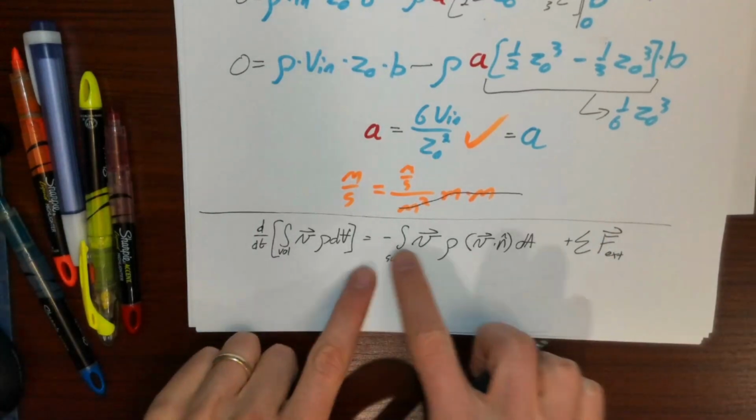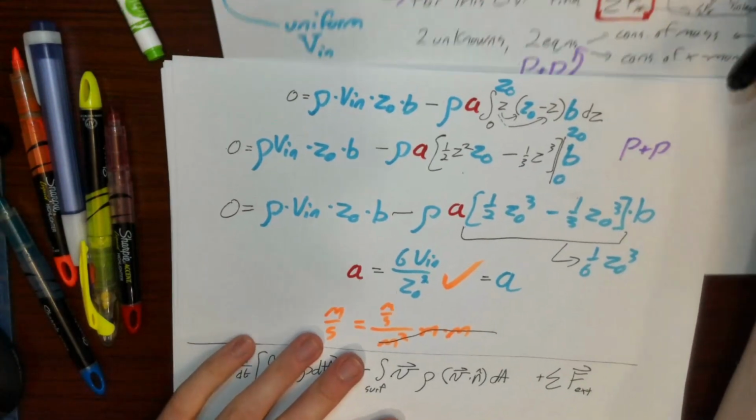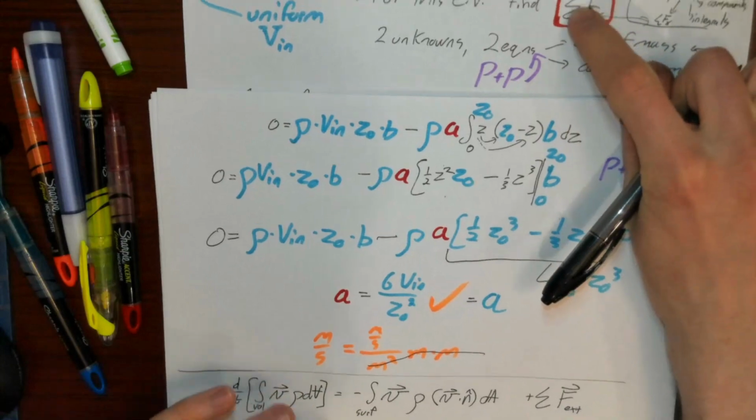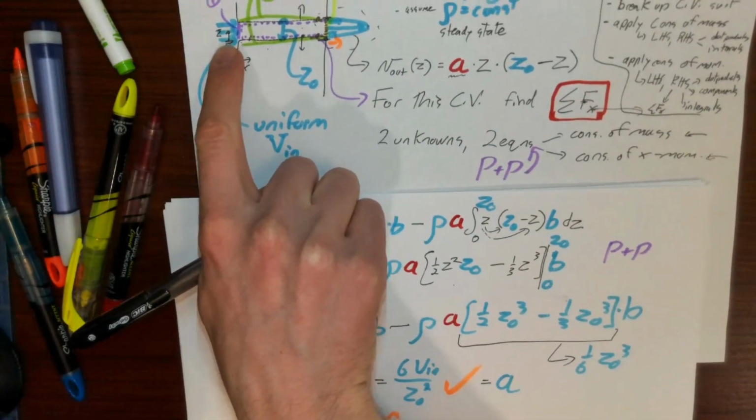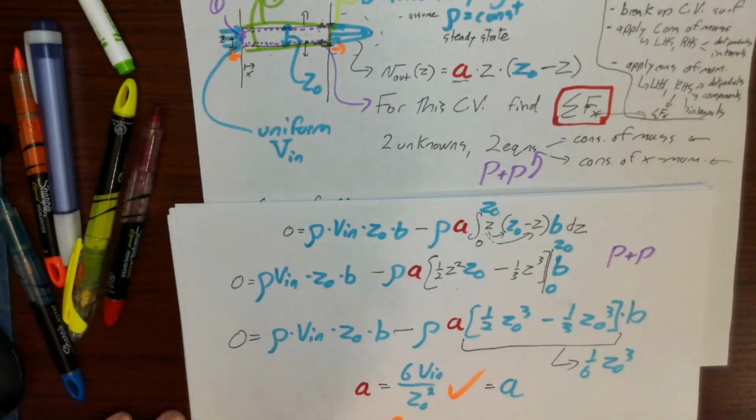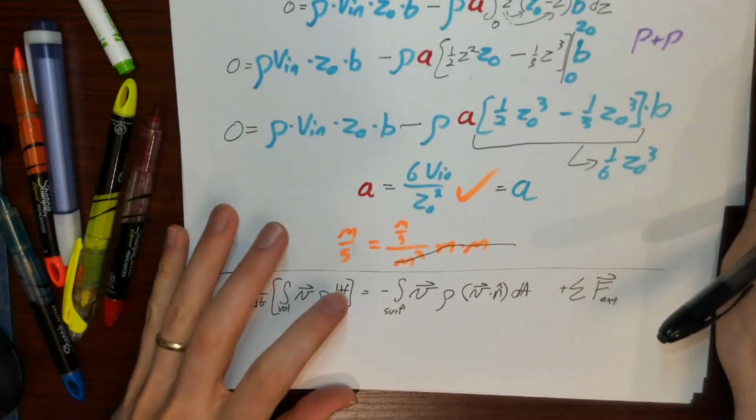And we're dealing with the whole vector version now. We anticipated that because we're interested in x forces and because we have information about changes in x velocity, x momentum is going to be our best bet.